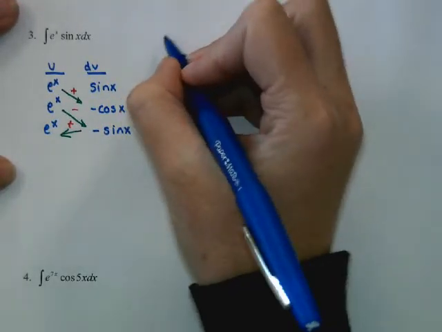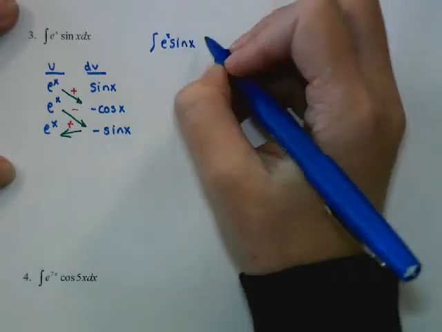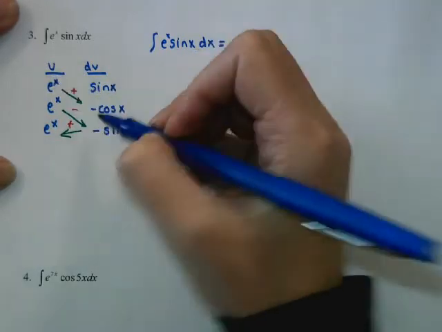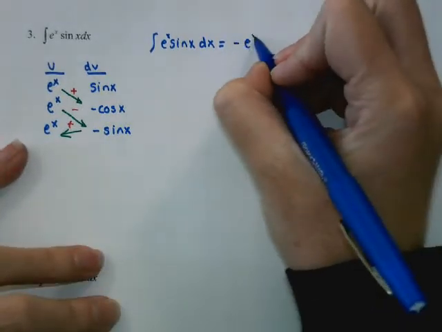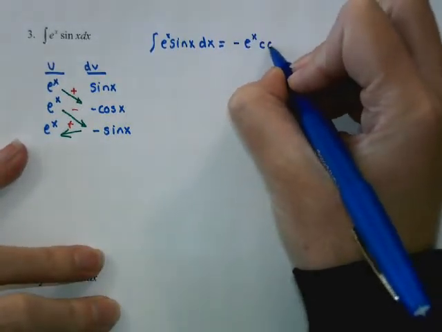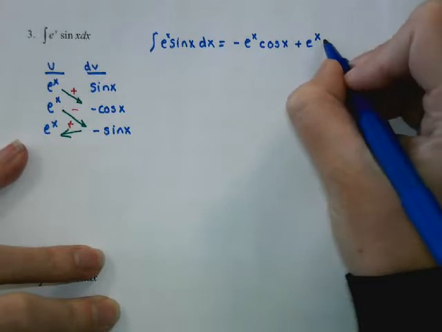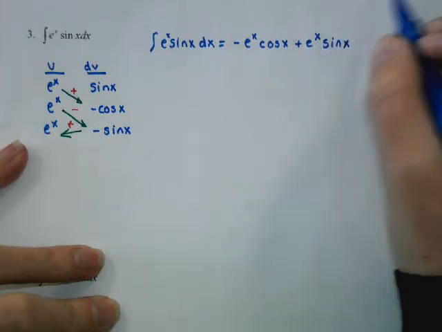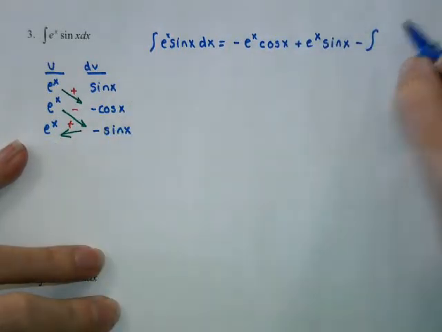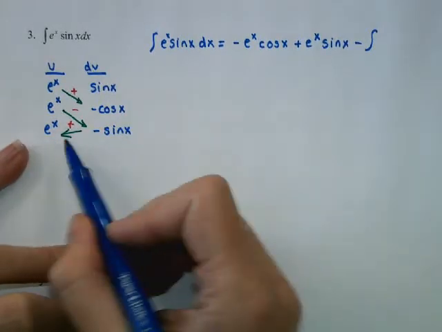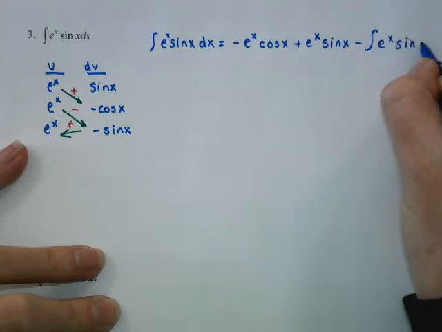So the integral of e to the x times sine x equals, so u dv, so we're going to have a minus e to the x cosine x minus minus, so plus e to the x sine x minus the integral of, so the integral across the bottom, minus e to the x sine x dx.